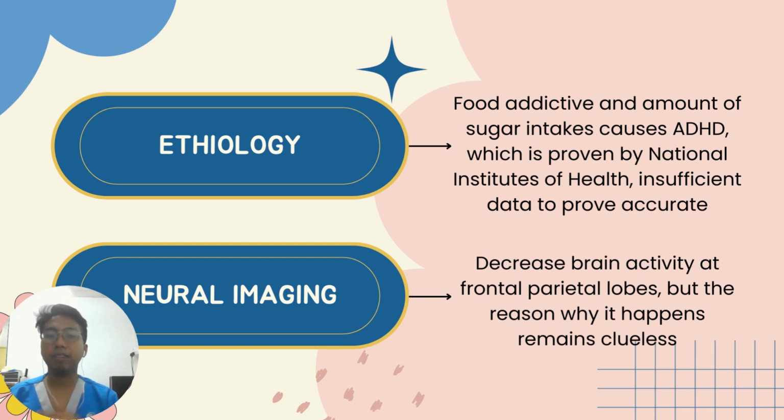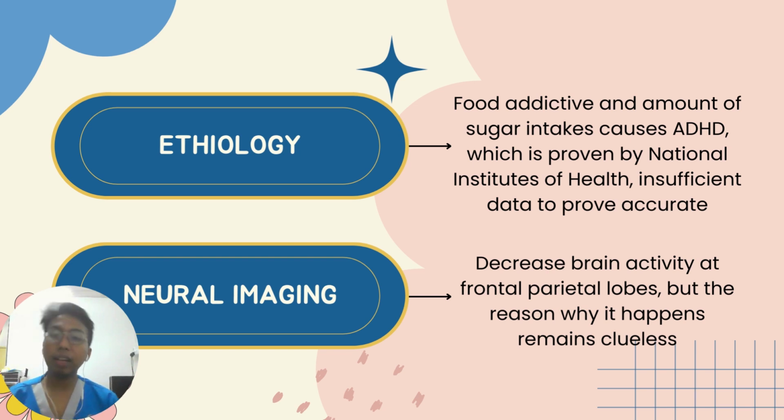Let's first start with etiology, where there are rumors that say that food additives and the amount of sugar intake cause ADHD, which the National Institutes of Health considers false evidence, where there is insufficient data to prove it accurate, even though some children diagnosed with ADHD do take a high amount of sugar and also additives in food.